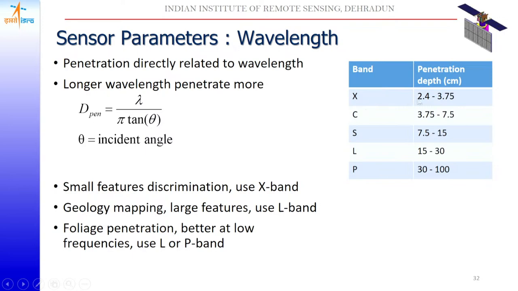From the L band we can have up to 30 centimeters of penetration, S around 15 centimeters, C 7.5 centimeters. So it depends on the wavelength and what we are using for our application purpose.